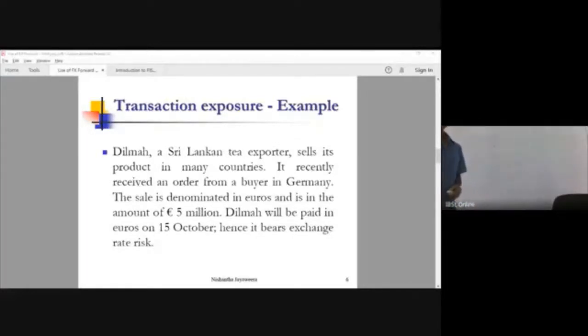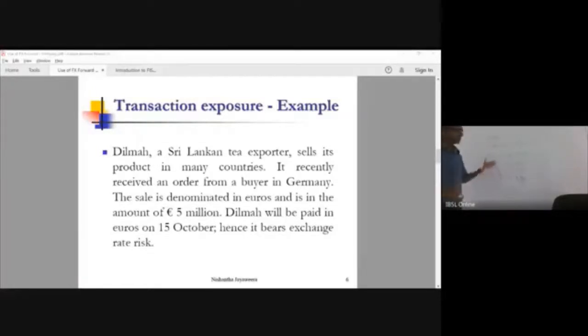You will get 1.9 or something like that. Yes, 1.9 euros. That's the price of 1 kilo of tea in terms of euro.